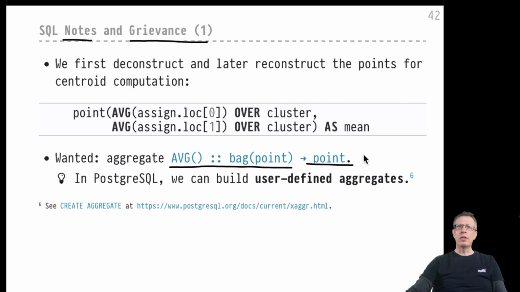Well, there is no such average aggregate over points. Well, that's a pity. We could define one, and indeed I've brought a second version of the code with me where I used PostgreSQL's ability to define user-defined aggregates to create an average aggregate that works just like this.